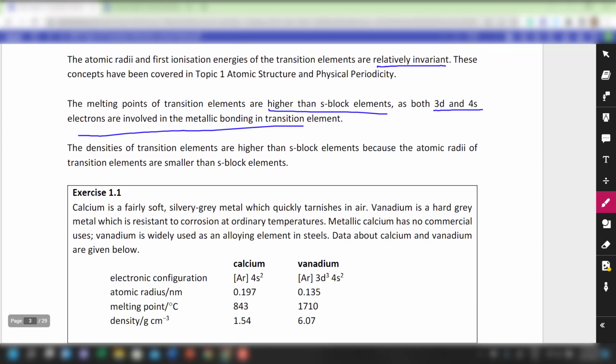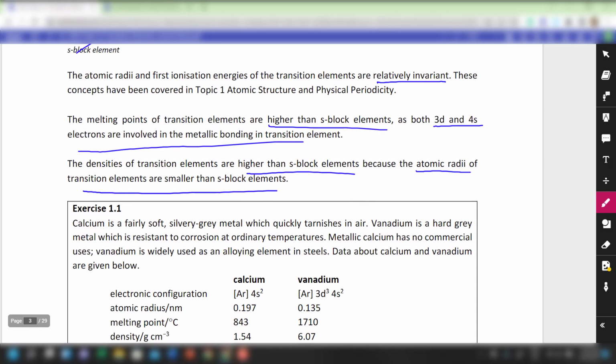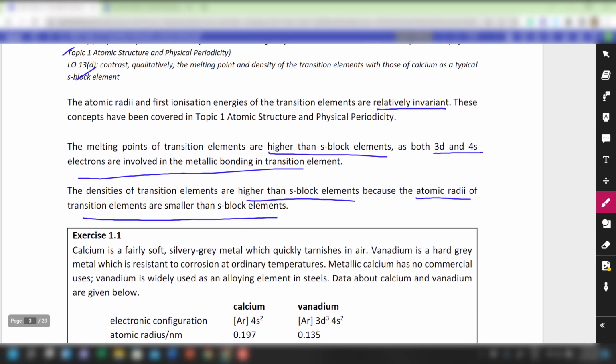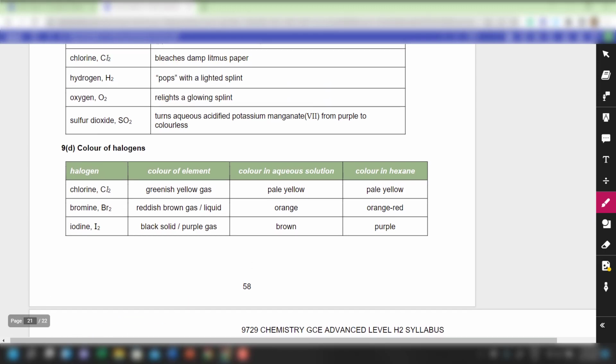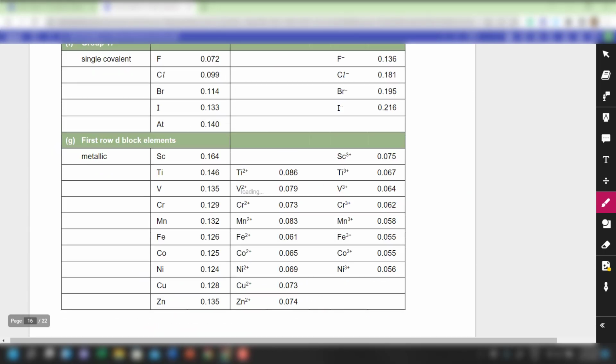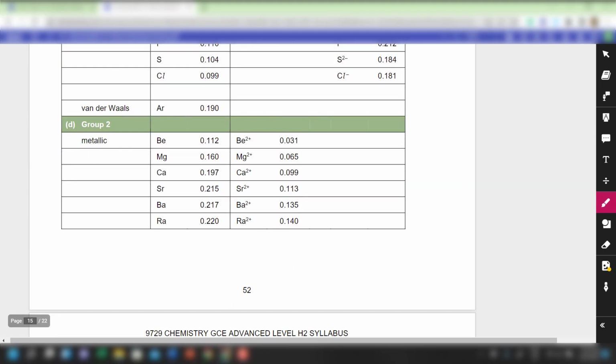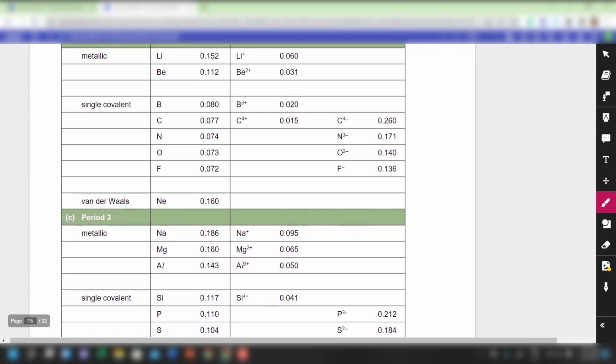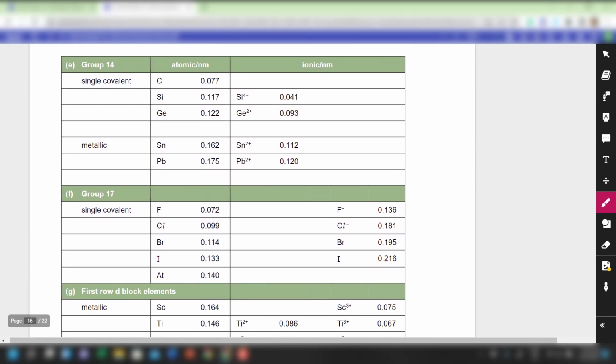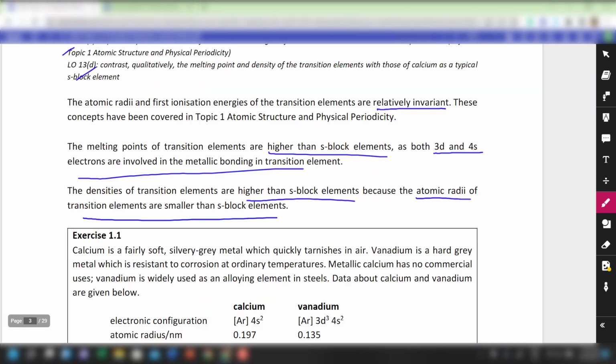The density of transition elements is also higher than s block, because the atomic radii of transition elements are smaller than the s block elements. How can we understand that? We can take a look at some of the data we have. Over here we mentioned that atomic radii are smaller than s block.